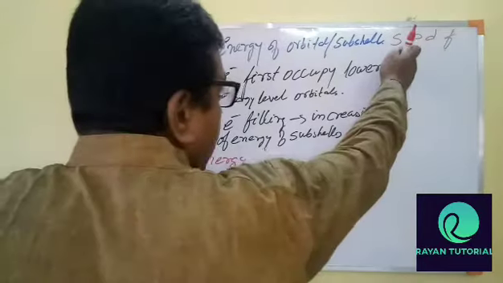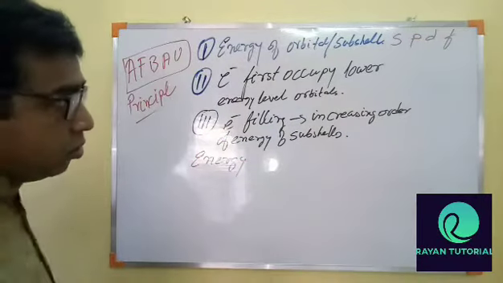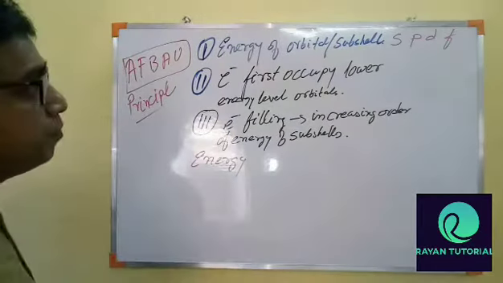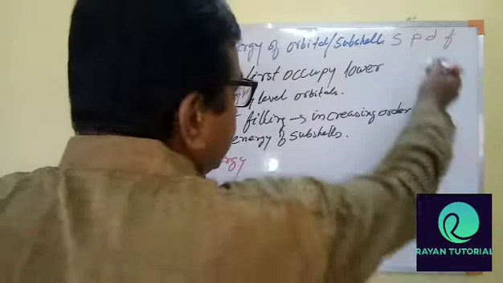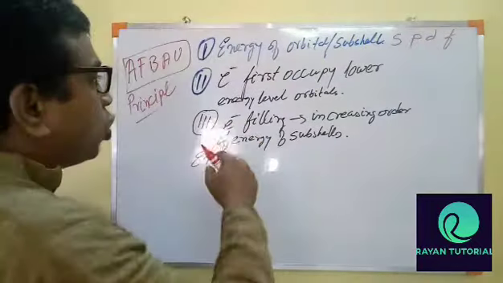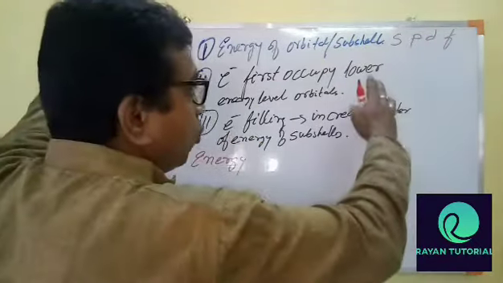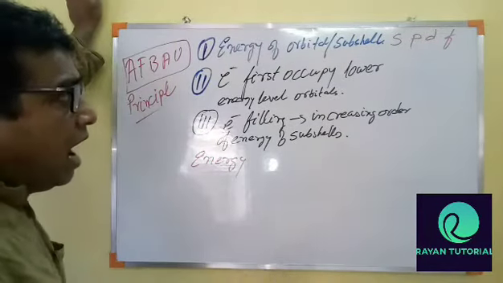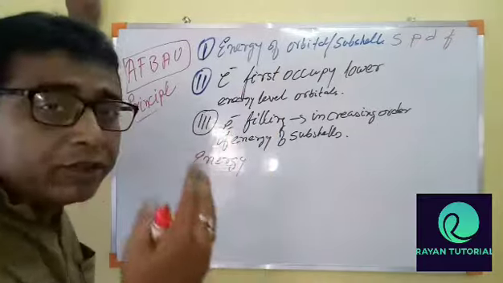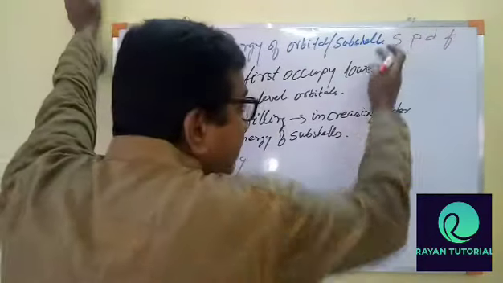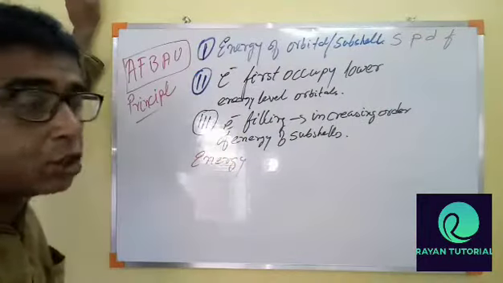Suppose there are 3 electrons. How many electrons will stay in S? How many electrons will stay in P? So electrons will first go to S or will go to P? To know that, we have to first find out whose energy level is low, S energy or P energy.